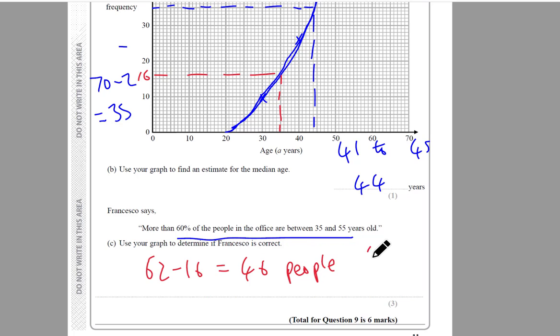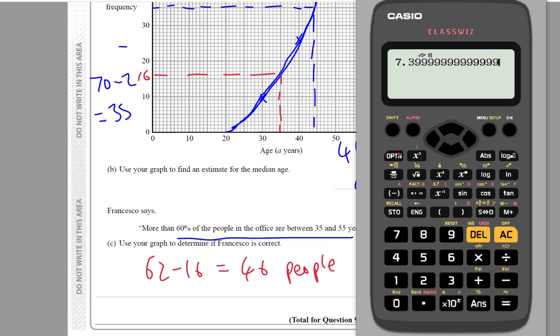70 people are. So what's 46 divided by 70? Okay, we can times it by 100 to turn that into percentage.